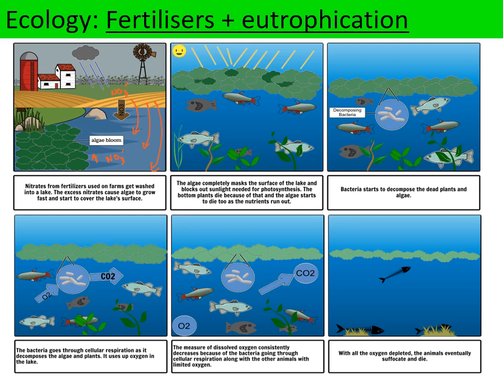The nitrates can be taken in by algae, and algae use the nitrogen in the nitrates to make organic nitrogen molecules like DNA, RNA, and proteins. That allows the algae to divide and replicate, and so we get what's called an algal bloom on the surface of the lake. This green layer now blocks sunlight from penetrating the water.